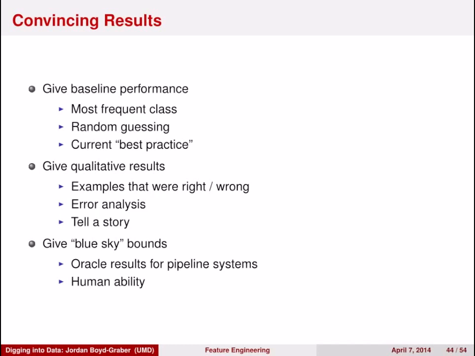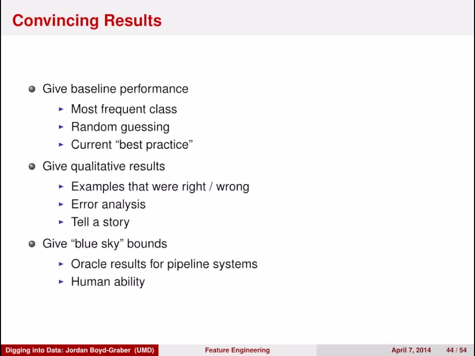If humans can only get it right 96% of the time, then that's an important number to know, because it's unreasonable to expect machines trained with human data to do better than the imperfect humans that are providing you these data. If your boss comes and tells you, I want this automated system to get above 97%, you can come back and say, well, even our best humans can't do better than that.